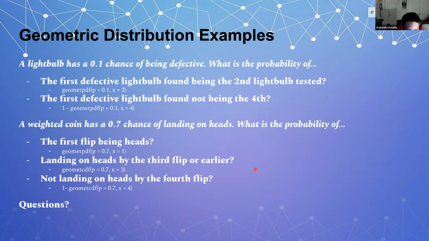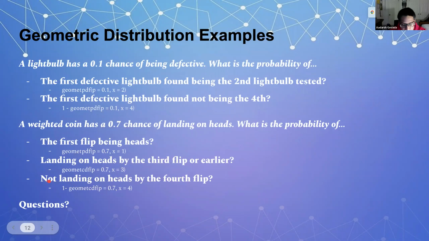In the calculator we hit CDF, put in 0.7 because that's the chance of success, and then 3, the third flip, so X equals 3. Then we hit paste, and that gives us our probability, which is 0.973.